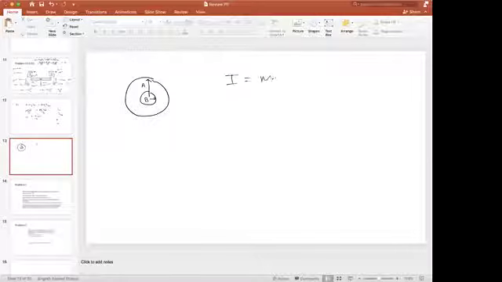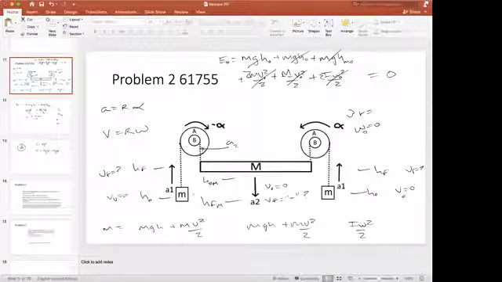They're going to turn at the same rate if they're welded together. I of a pulley is mr squared over 2. So I total will be MA RA squared over 2 plus MB RB squared over 2. That is our I for our pulleys. Now we can see that this mass is actually connected at RB, and these little masses on the outside are connected at RA, okay?